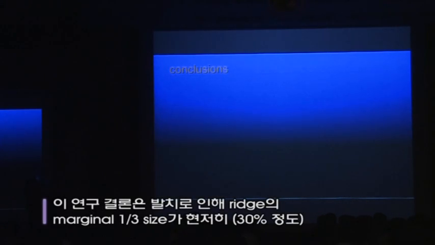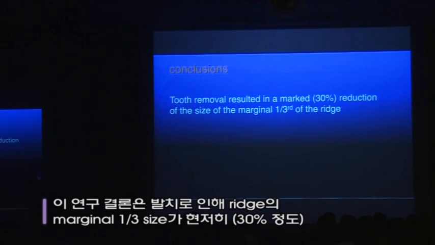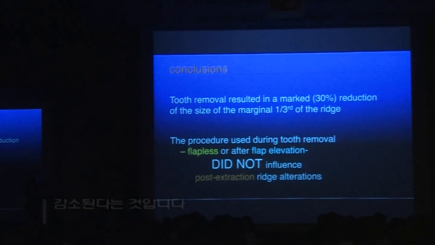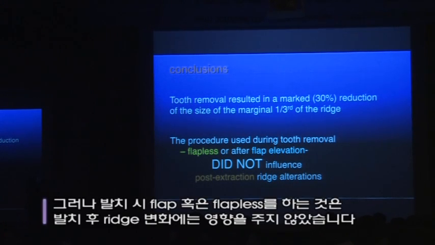So the conclusion from this study is that tooth removal resulted in a marked reduction of the size of the marginal third of the ridge. But the procedure used during tooth removal, flapless or after flap elevation, did not influence post-extraction ridge alterations.